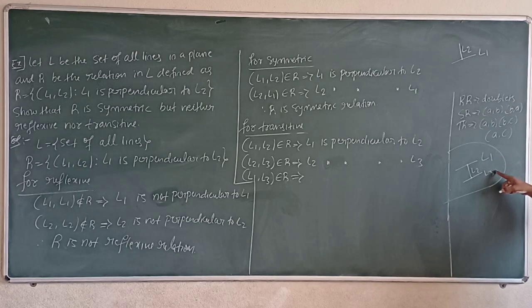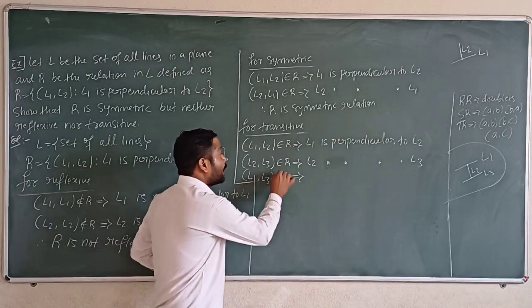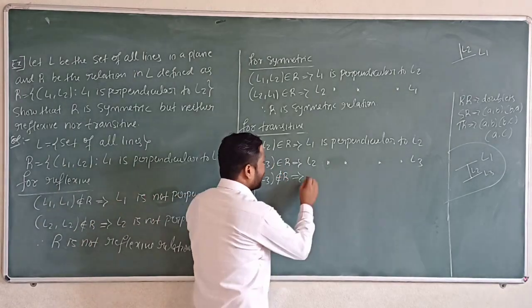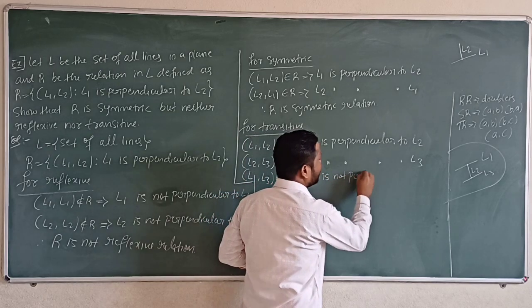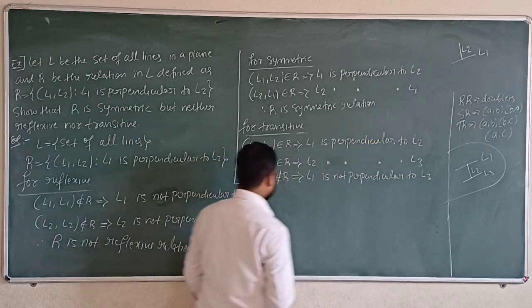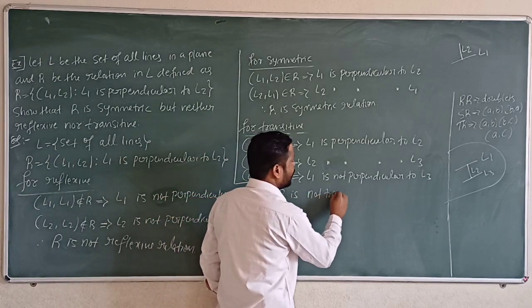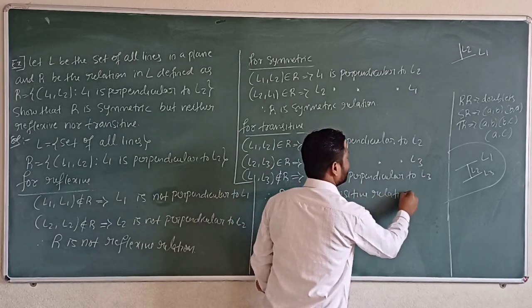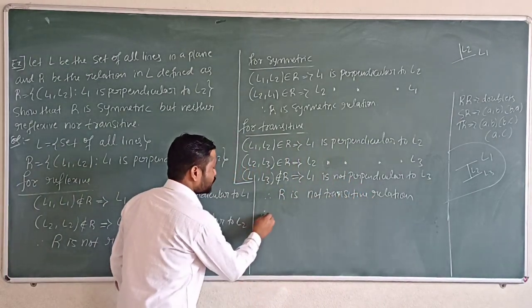L1 and L3 are parallel, not perpendicular. So (L1, L3) does not belong to R; L1 is not perpendicular to L3. So therefore R is not a transitive relation. Parallel comes, not perpendicular.